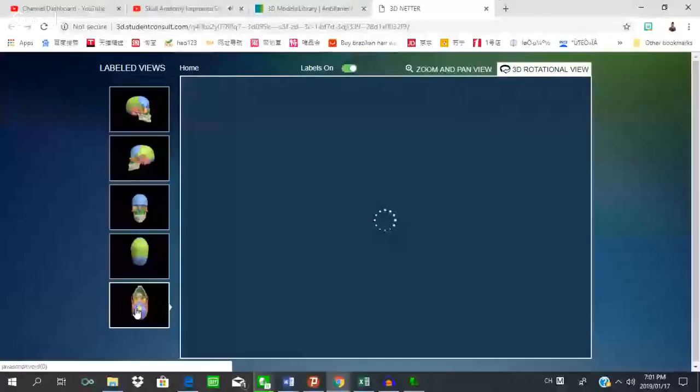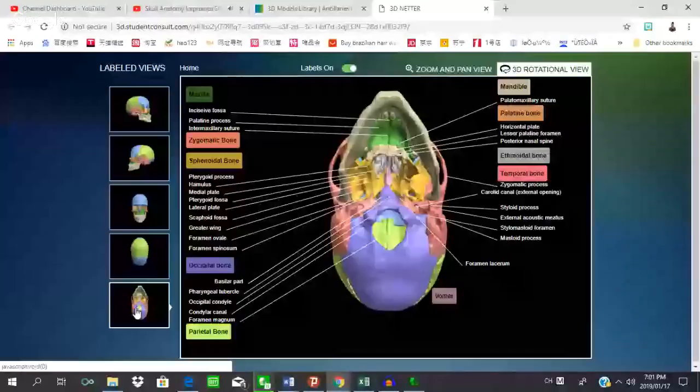the base. The base is very, very interesting now. It will take time for you to really understand it. If this is your first time learning anatomy, it will take time to get to understand all of it.